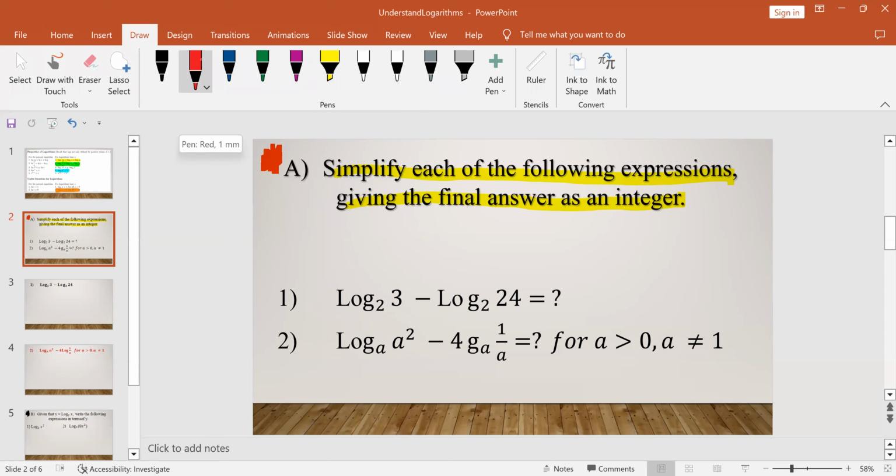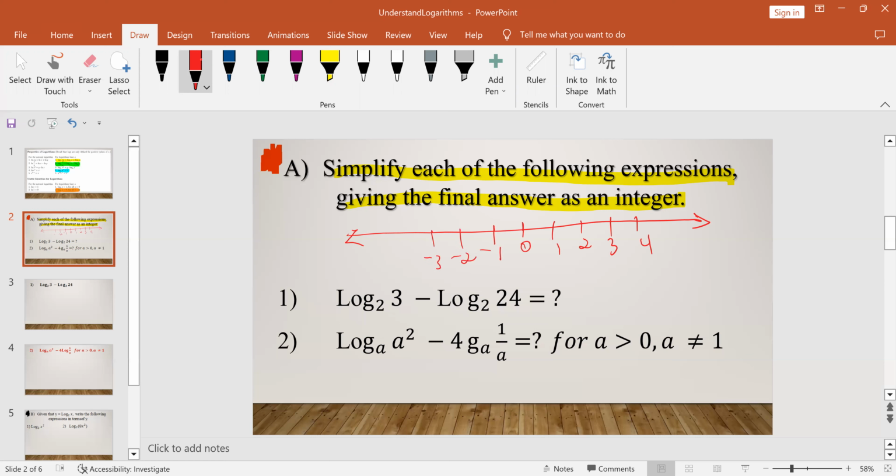A quick review. Remember, when we use a number line like this, we have 0, 1, 2, 3. Going to the right side, we have positive numbers, and going back to the left side, we have negative numbers.